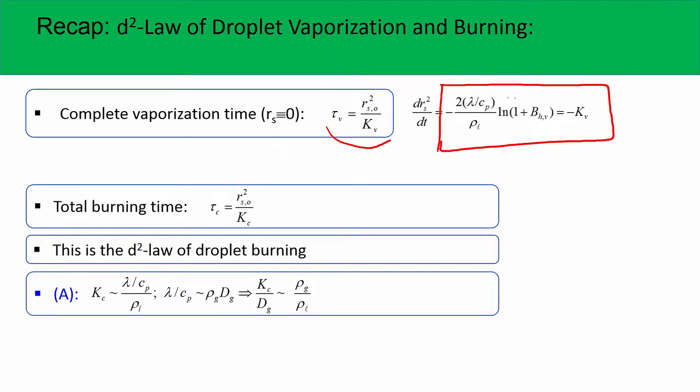All these properties, lambda by Cp liquid, rho by rho L times ln(1 plus B), the droplet heat transfer number, with all these things you see that the smaller the droplet, the smaller is the evaporation time, and it goes like a square. So if you reduce the size of your droplet by 10 times, the time for evaporation reduces by 100 times.